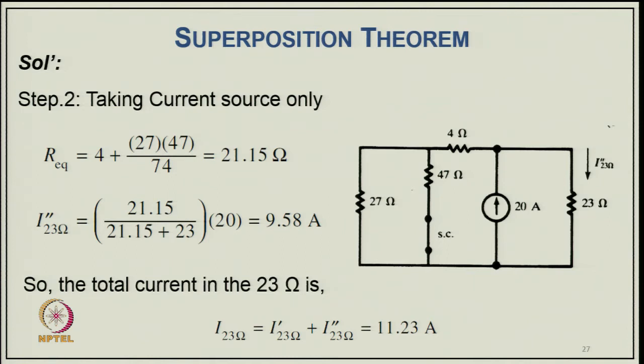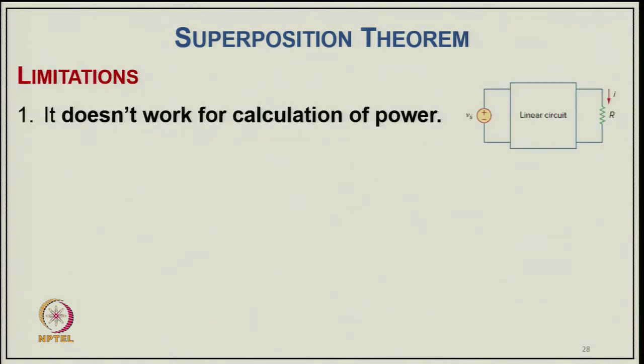It is a part of the total current: 21.15 divided by 21.15 plus 23, because this current is divided into two parts, into 20. So, the current equals 9.58 ampere. The total current in the 23 ohm is the sum of the two cases: I 23 ohm is I dash 23 ohm plus I double dash 23 ohm, and that comes to 11.23 ampere.